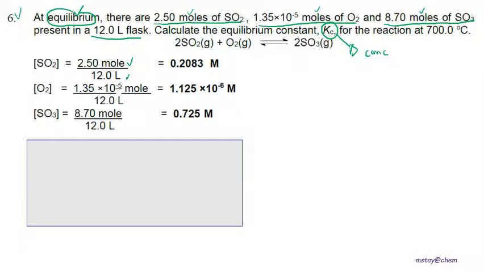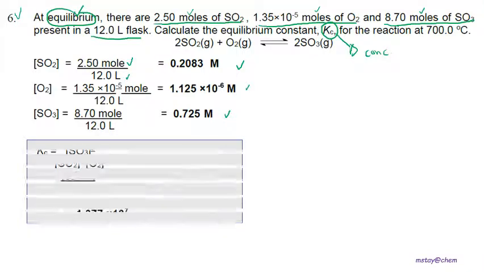So for SO2 it is 0.2083 molar, oxygen 1.125 exponent negative 6 molar, SO3 is 0.725 molar.